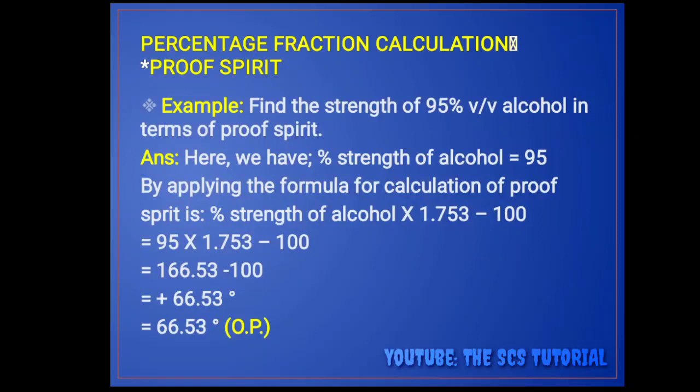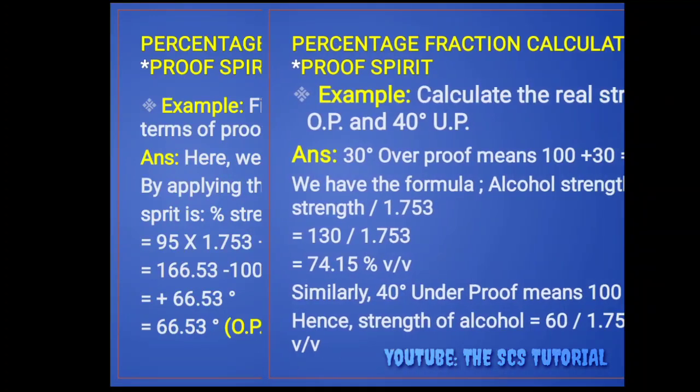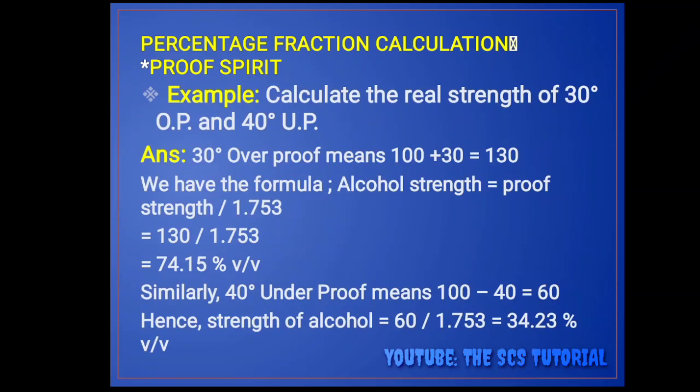So 95 into 1.753 minus 100, that is equal to 166.53 minus 100, that is equal to, the result comes in positive terms, plus 66.53 degree, that means it's an overproof. So in this way you can calculate.